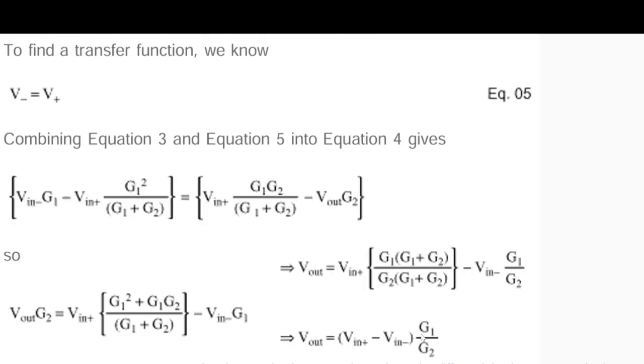If you replace G1 and G2, this term becomes R2 over R1. I want students to write it down and remember this term. If I give you a voltage at the non-inverting input and at the inverting input with proper resistor values, you should be able to find the output voltage, or, given any of the parameters, find any other parameter. You should be able to do that easily at this course level.